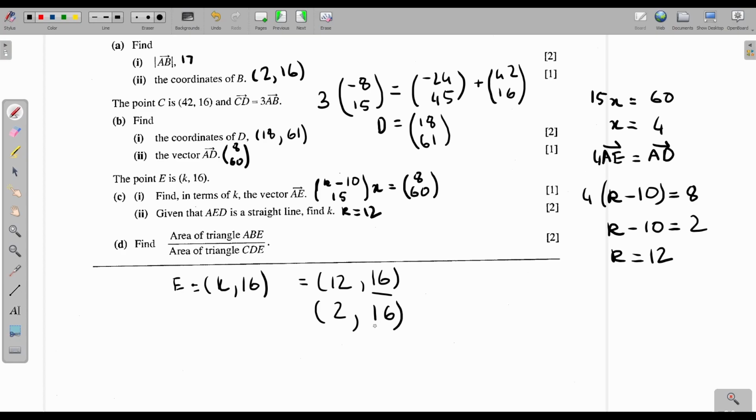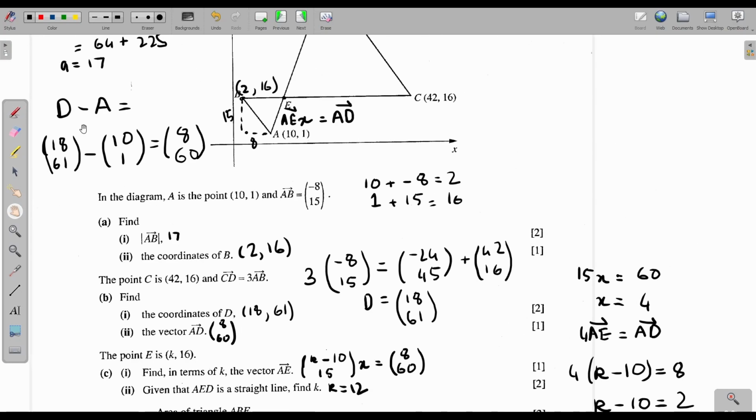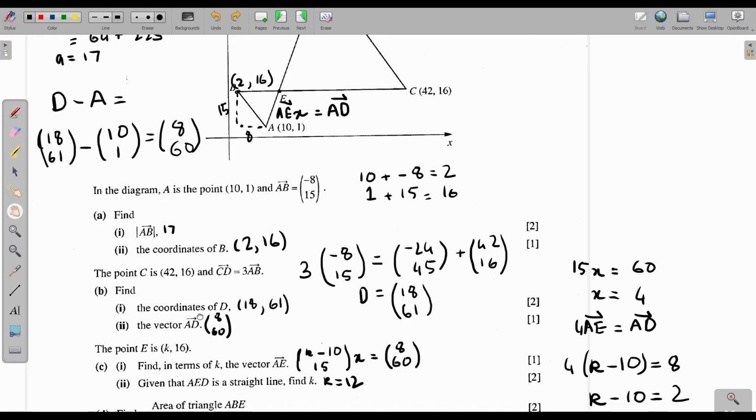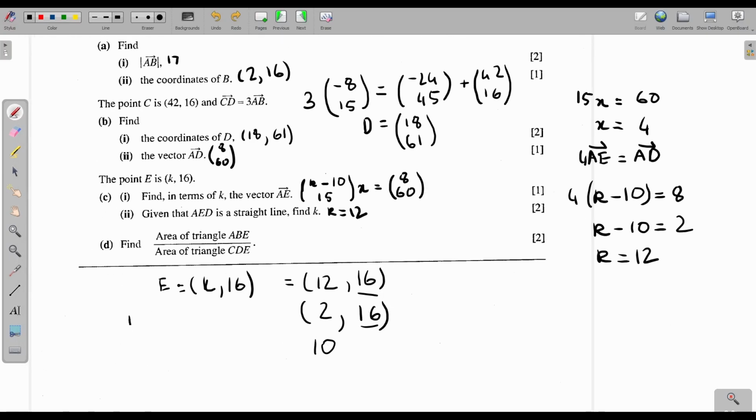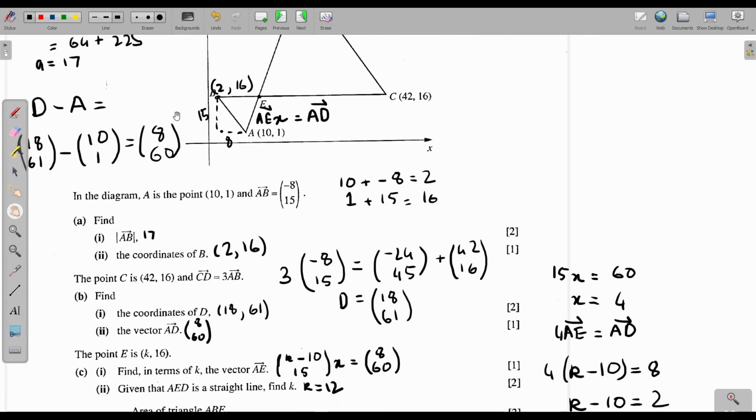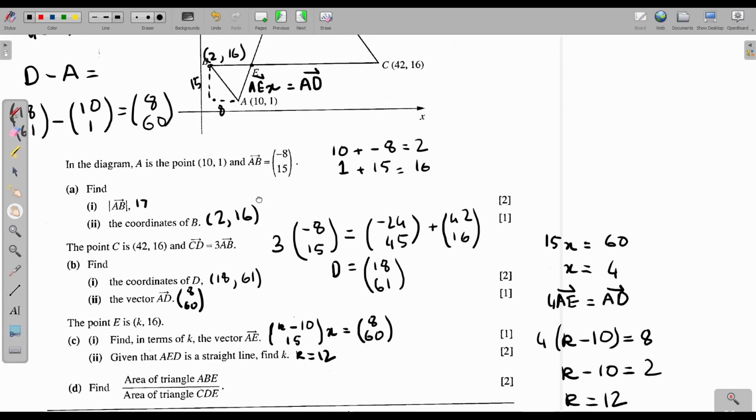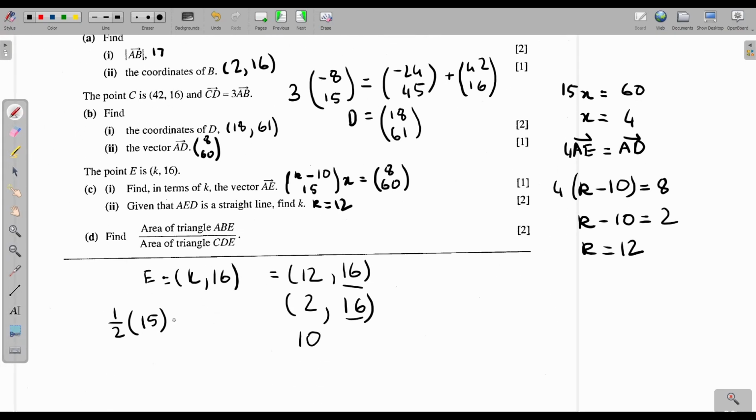Now they're at the same height, so this remains the same. But 12 minus 2 is 10, which means the base of this triangle, this part right here, is 10. So the first triangle, ABE, is half into the height, which was 15. We figured it out earlier. And then into the base, which is 10.